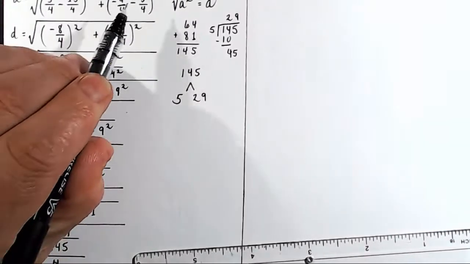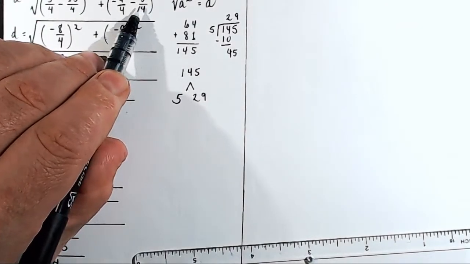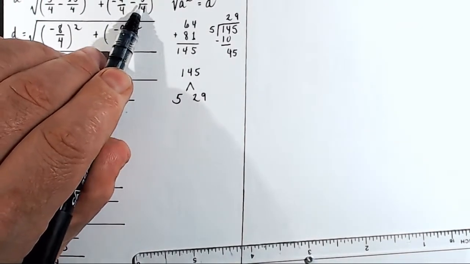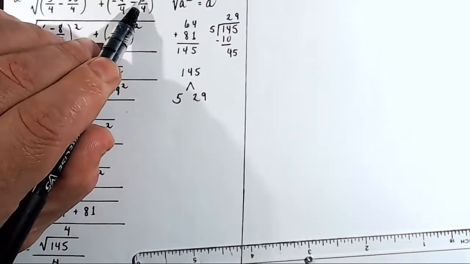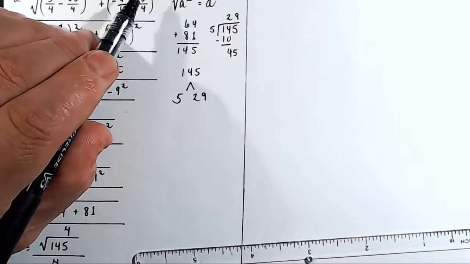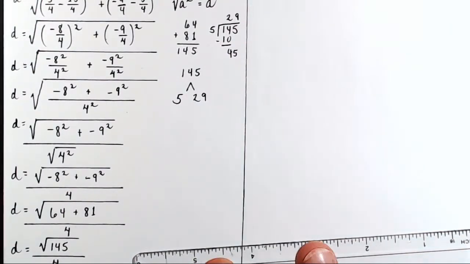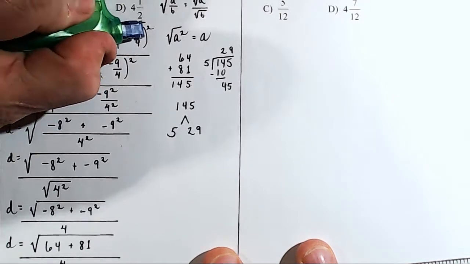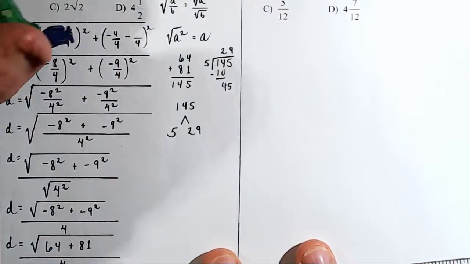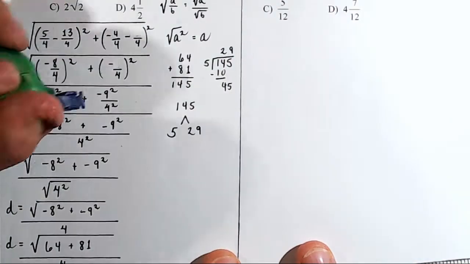So way back here, way back at the very beginning, I plugged in this value instead of 1. So this should have been 4 over 4 right here. I'm so stupid. Okay. This should have been 4 over 4, and that would have made this negative 8 over 4.